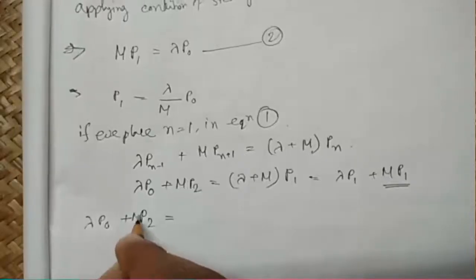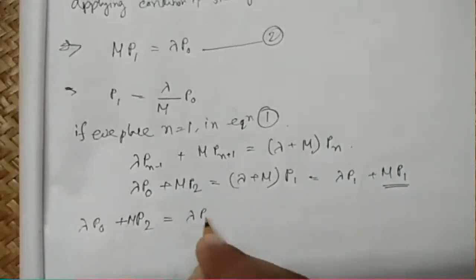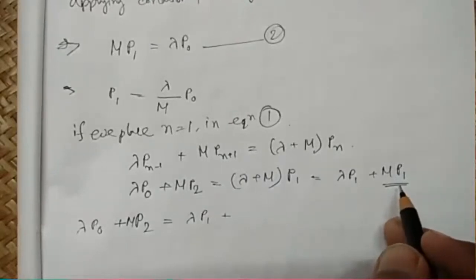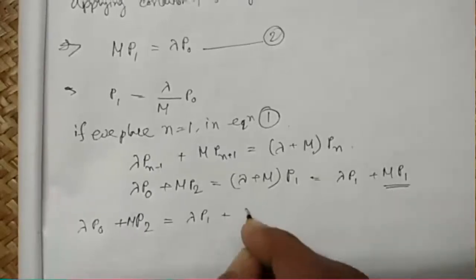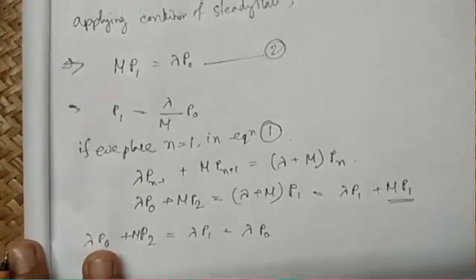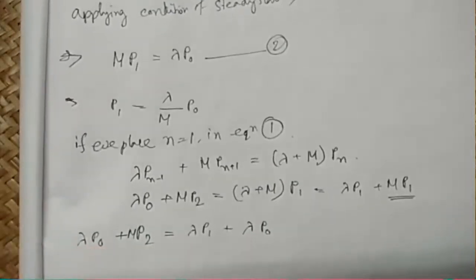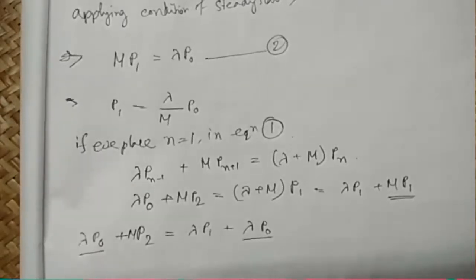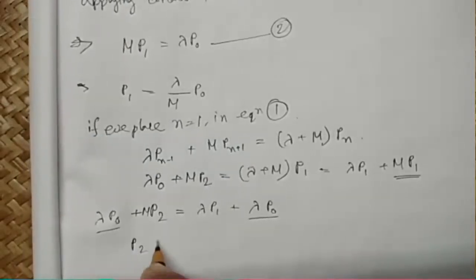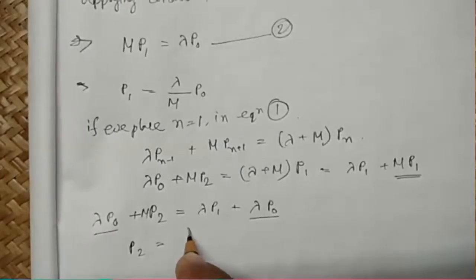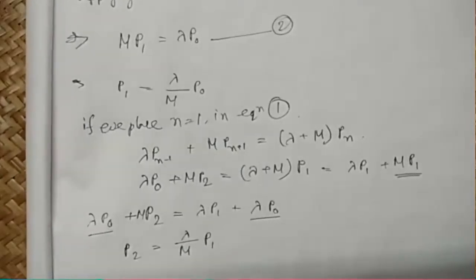Let us do it one step at a time. Lambda P1 plus mu P1 is equal to lambda from equation number 2. You can see, this is what we can get. So here this and this will be cancelled out, so we get P2 is equal to lambda by mu into P1.